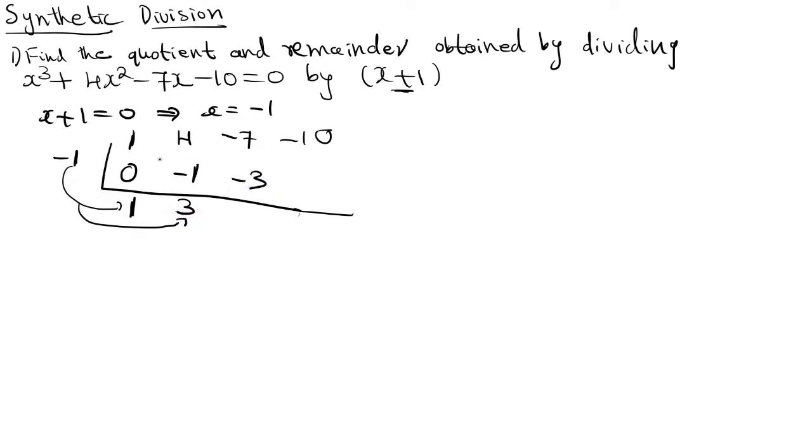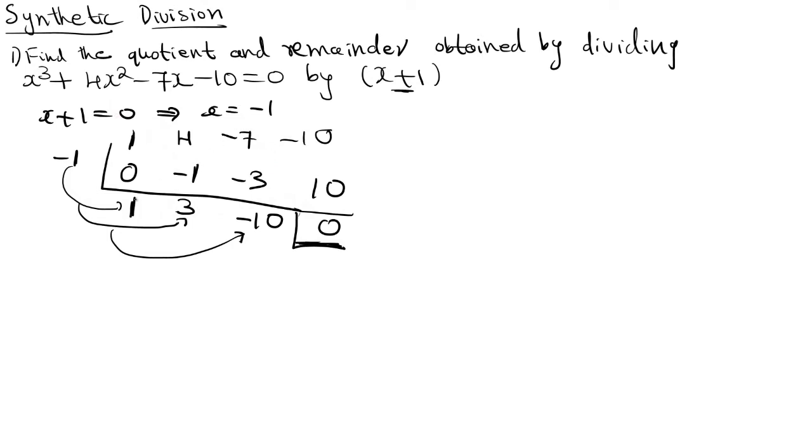So, what you will get? Minus 7 minus 3 value is equal to minus 10. Then again you need to multiply minus 1 to minus 10. Minus 1 into minus 10, its value equal to plus 10. Add minus 10 plus 10, you will get remainder equal to 0. So, after dividing by x plus 1, your cubic equation will convert into a quadratic equation.